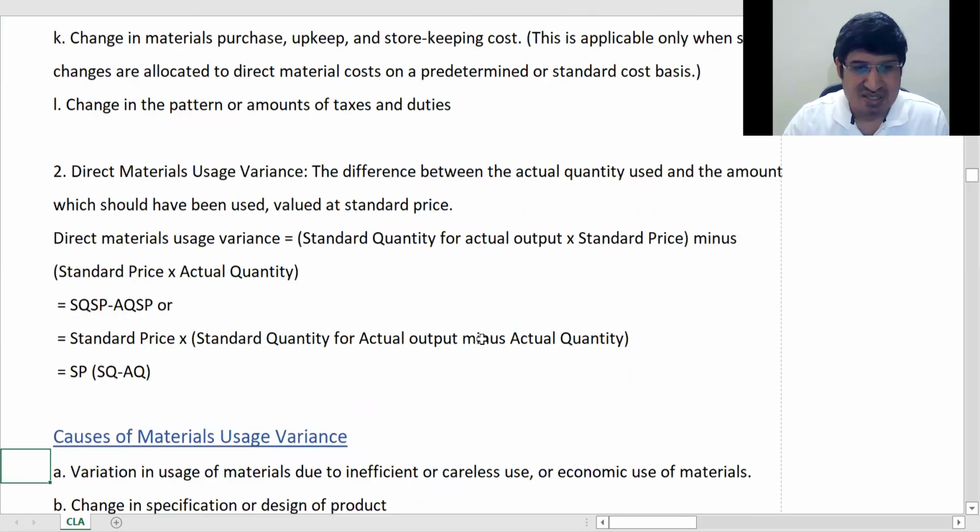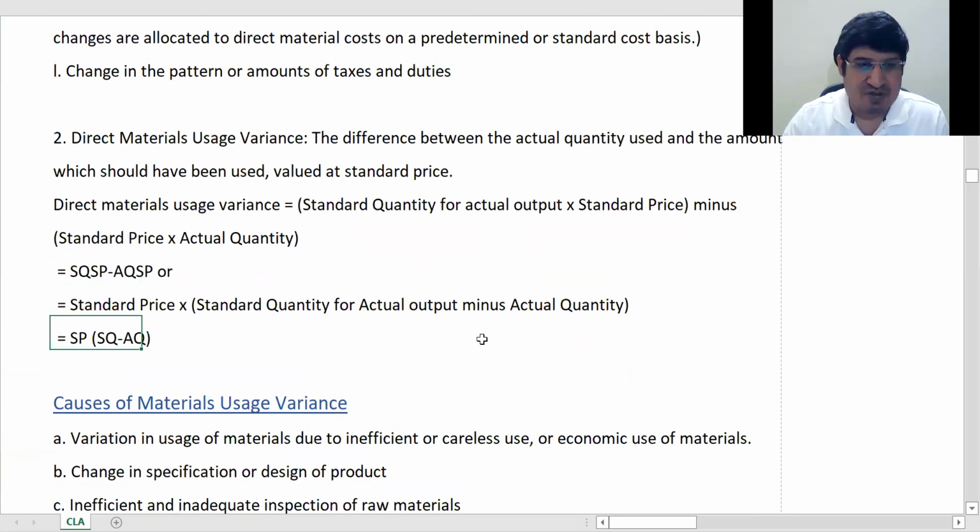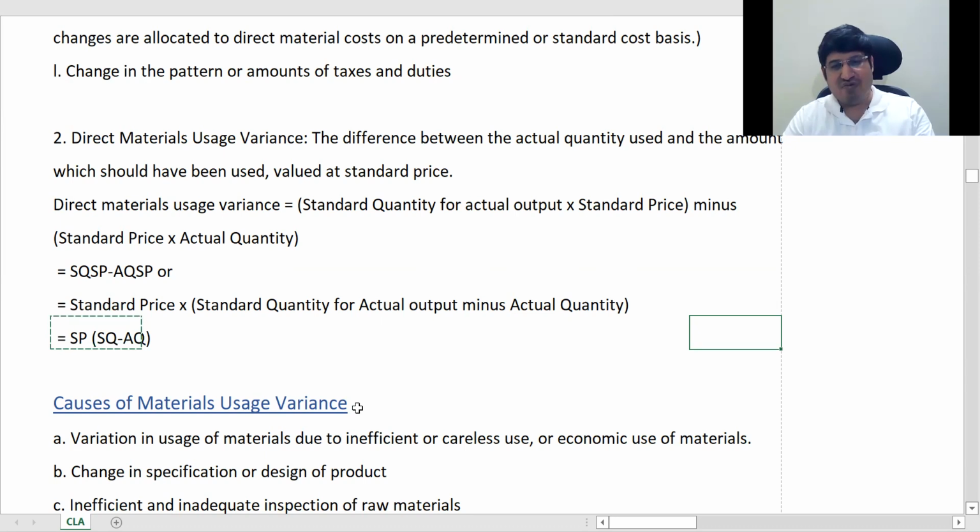Then usage variance will be calculated by this formula. There are two methods. One is followed in your study material, which is not that straightforward. I'll be showing you another method where you will always use the formula and get it, so this will never confuse you in standard costing.